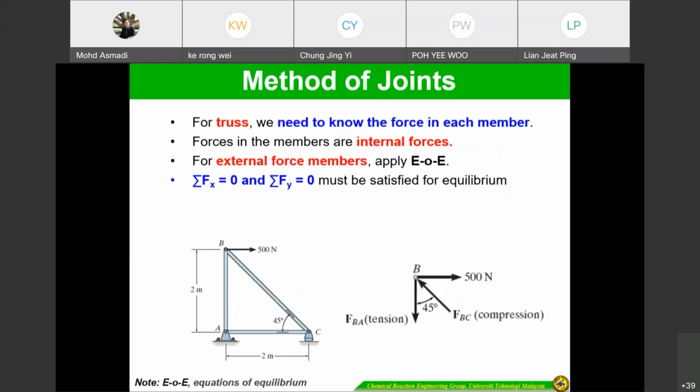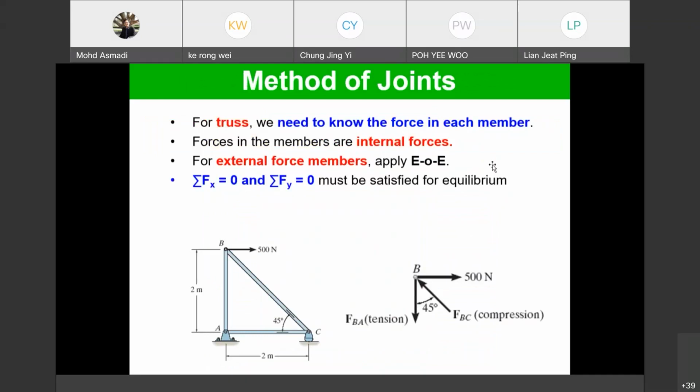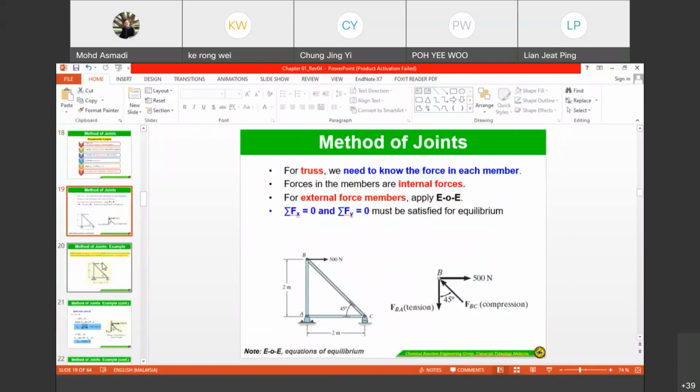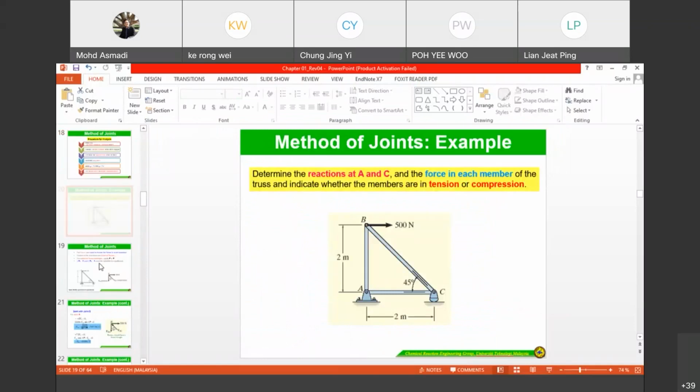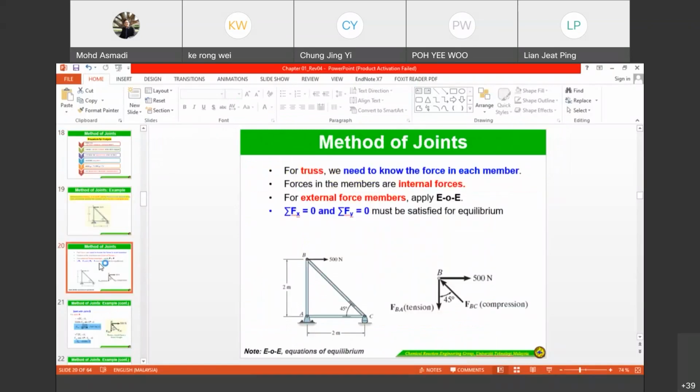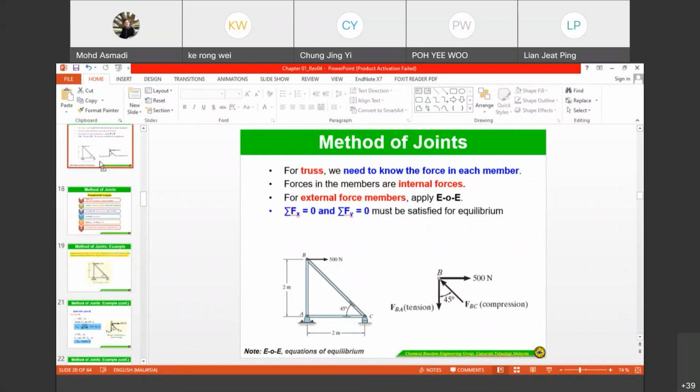Why is this here? It should be here. Okay, right, it should be here.